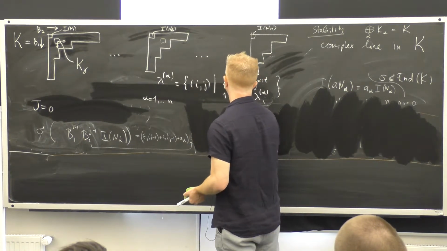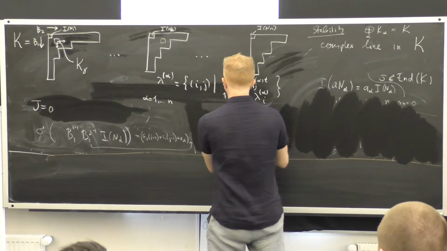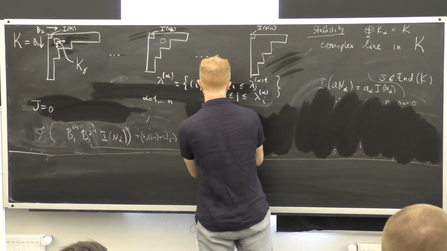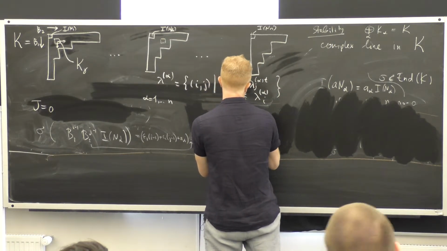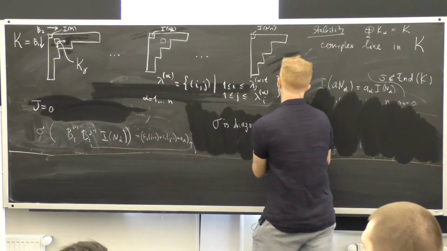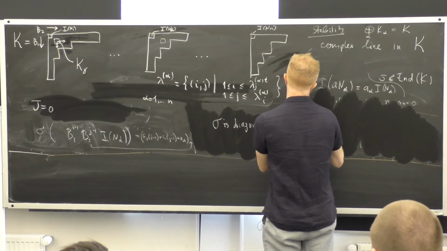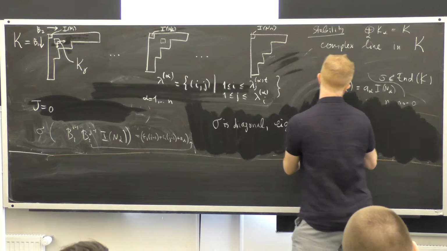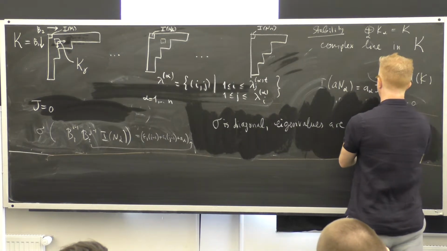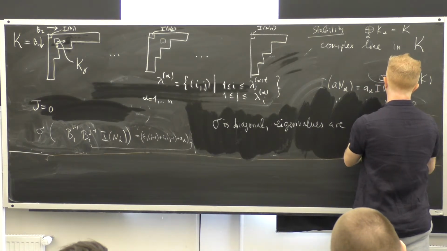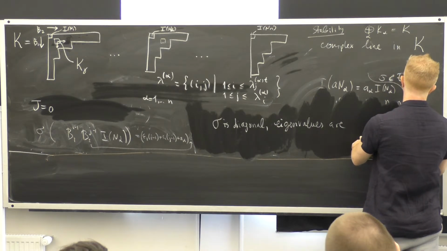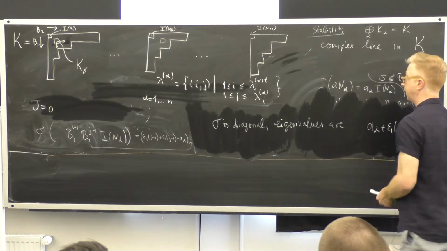So sigma is diagonal. So eigenvalues are a sub alpha plus epsilon 1 times i minus 1 plus epsilon 2 times j minus 1.